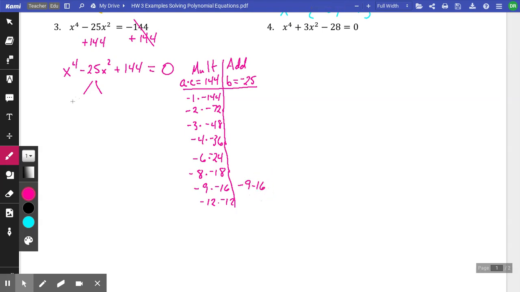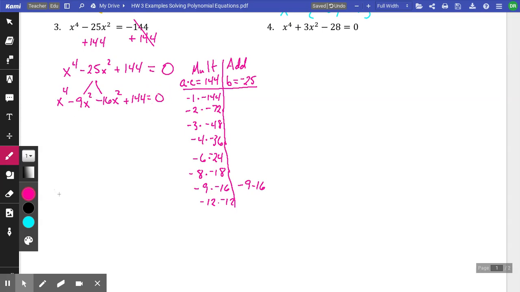And so those are the two terms I will break apart here. This 25 will break down to negative 9, negative 16. What we put after that needs to match what's in the middle, and so I need to put x squared on both of these, because when we combine like terms, the exponent stays the same. The polynomial still starts with x to the fourth, still ends with plus 144.